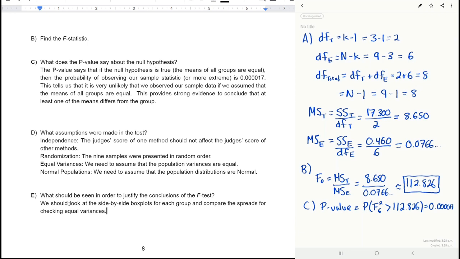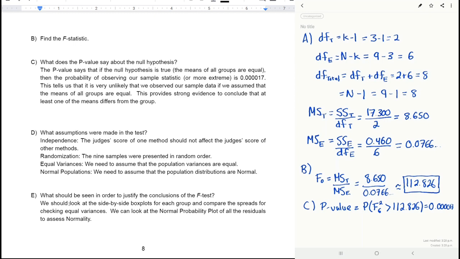So we want to make sure they have a similar spread. And to assess normality, what we could do is look at the normal probability plot of all the residuals for assessing normality.